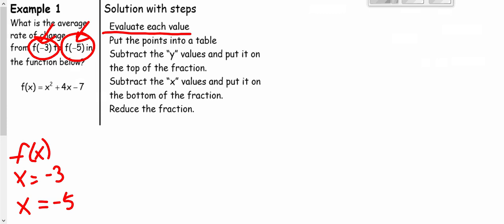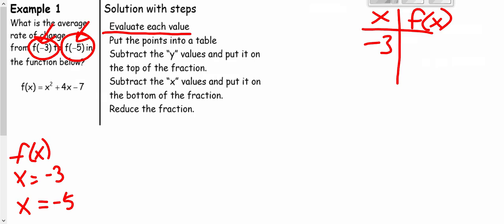So I'm going to go over here and make a table with my x and then my f of x values. I'm going to start with my first input value of negative 3. All right. And I'm also going to put in there my x value of negative 5 because I'm trying to find f of negative 3 and f of negative 5. Now I've got to go evaluate those. So let's start by finding f of negative 3 using this function.